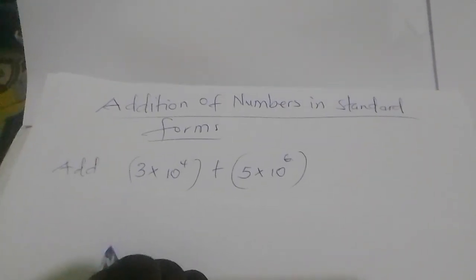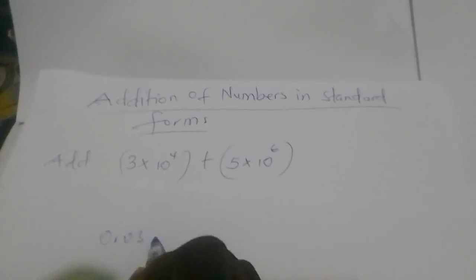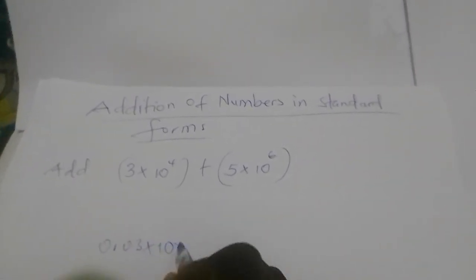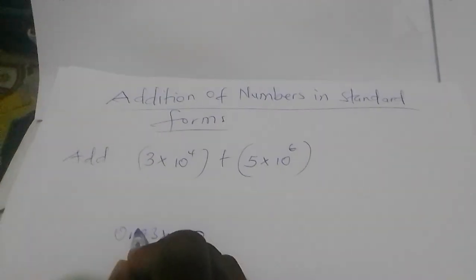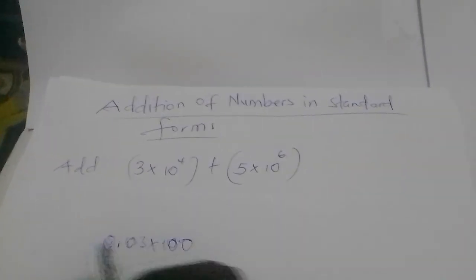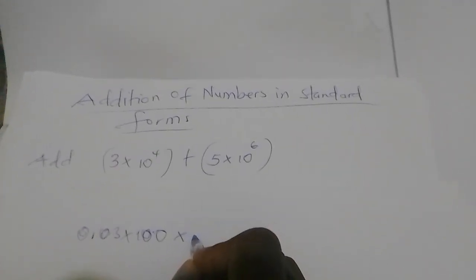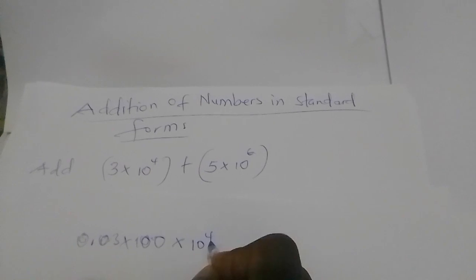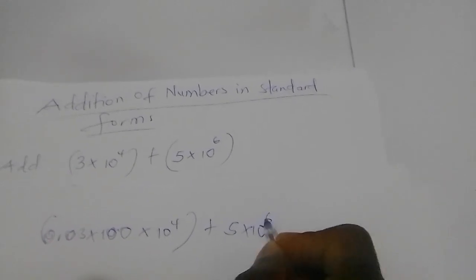So we know that 0.03 times 100 is the same as 3, okay? We have not changed it. We just manipulate it so that we can have what we want, okay? All this multiplies by 10 to the power 4, okay? In parentheses, plus 5 times 10 to the power 6.